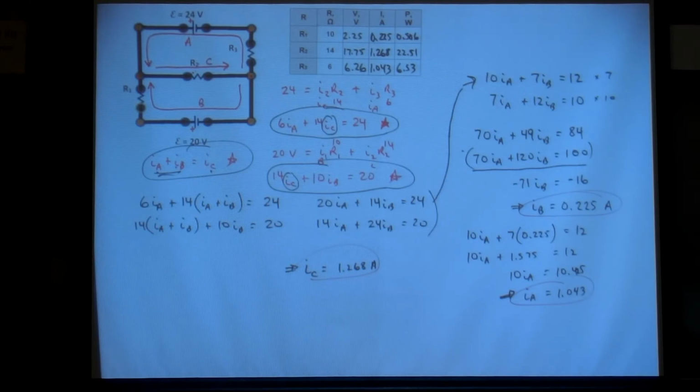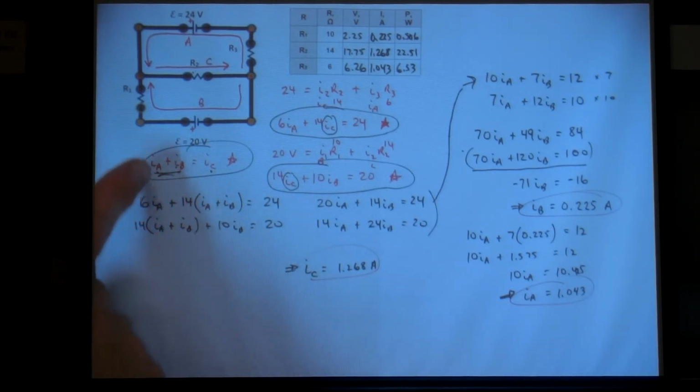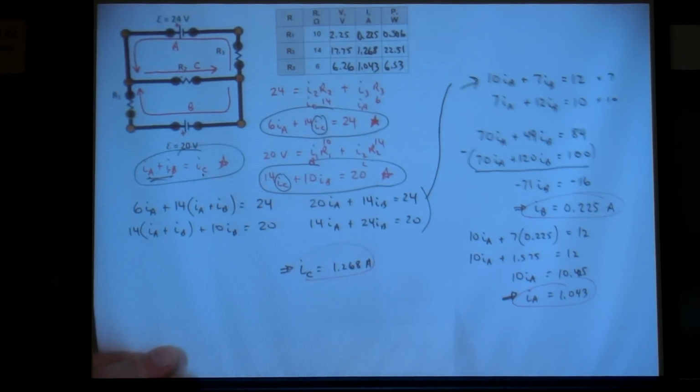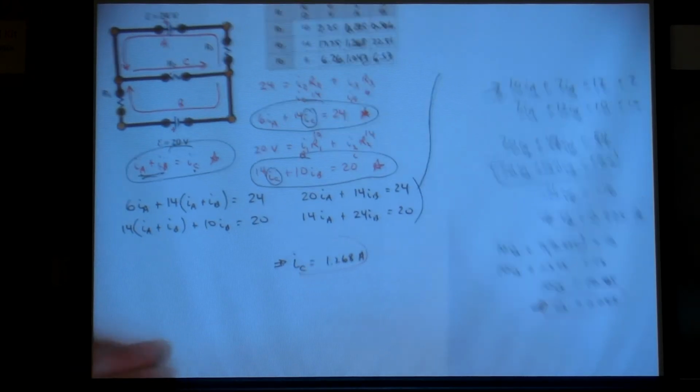So this is one in which it was fairly obvious which way the current would be flowing in each section because of the way our batteries are arranged. But in this next example, I'm going to do one where one of the batteries is turned the opposite direction.